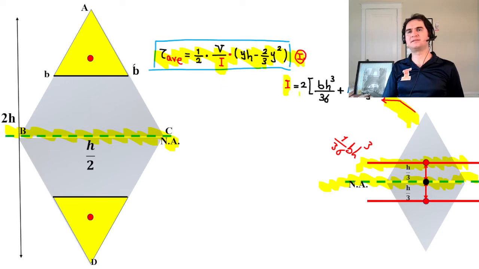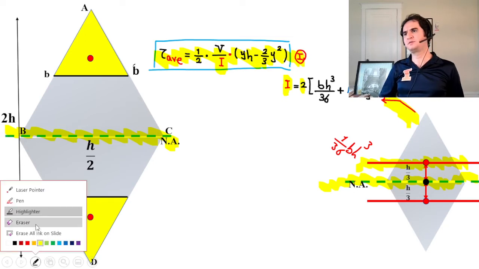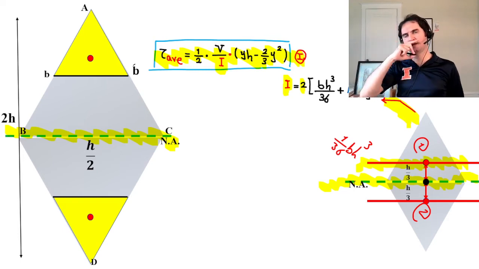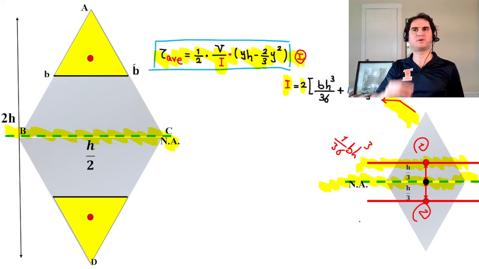In those terms, the moment of inertia is two of them, one at the top, one at the bottom, and they are identical. So it is bh cubed over 36 for the centroid, plus Ad squared, since we are traveling from the centroid to another axis, so that's positive. And d is just the distance from the centroid of a triangle to the base, that's h over 3, so that's Ad squared.